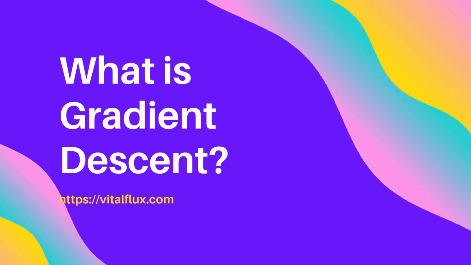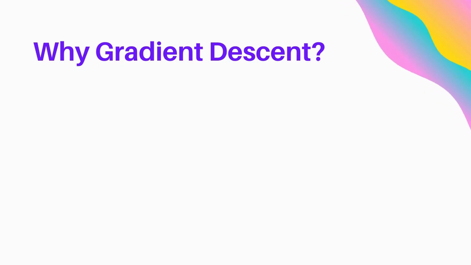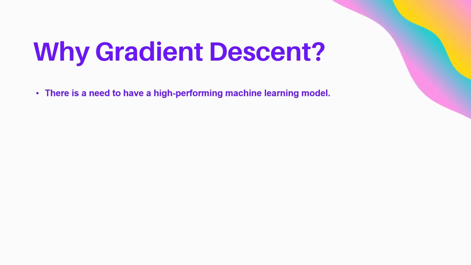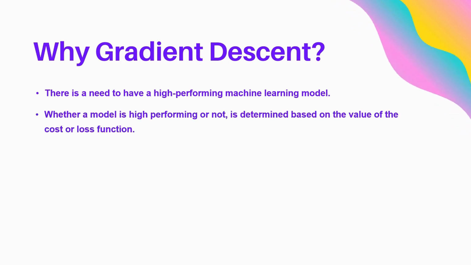So let's get started. Before we go and understand what is gradient descent, we need to understand why in the first place we need this algorithm. As we all know, when we are working with a machine learning model, there's always a need to have a model with very high accuracy.